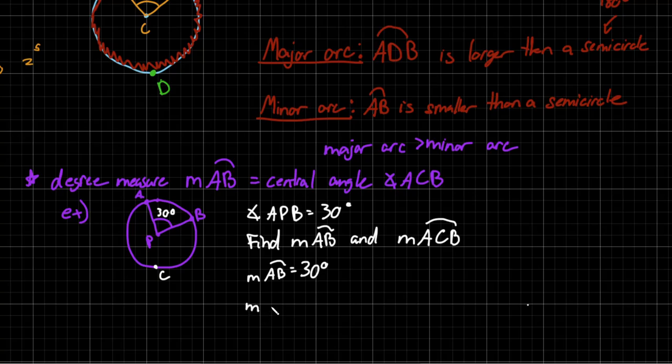Now, what about the degree measure of ACB? 330. How do we get 330? So this entire angle right here is 330. So we do 360, that's the entire circle. We knew that this angle right there was 30. And then I'm just left with 330 degrees.